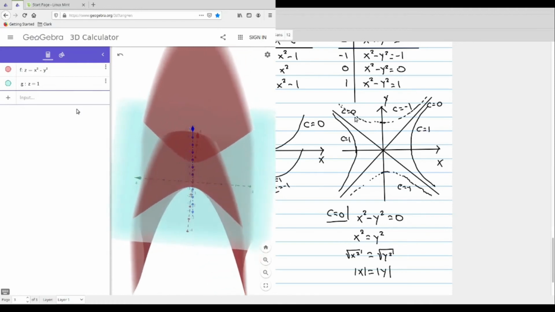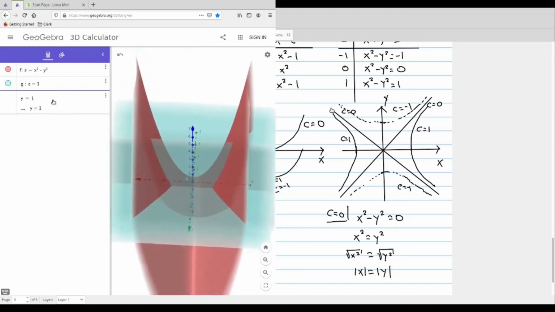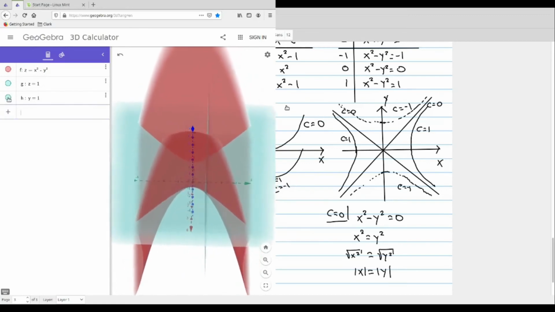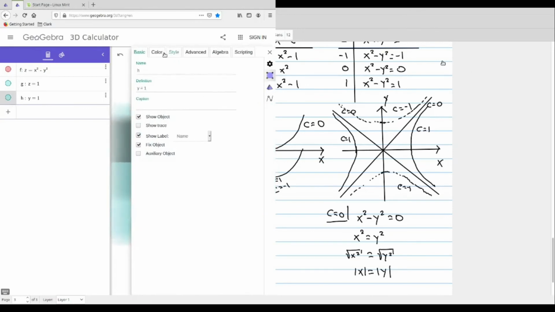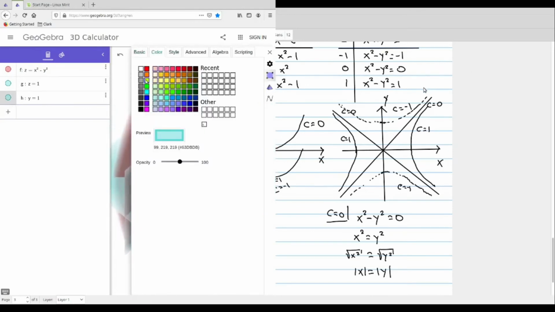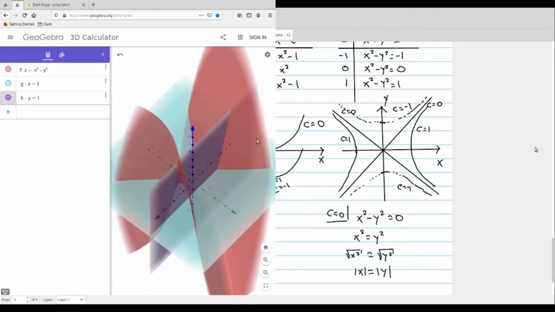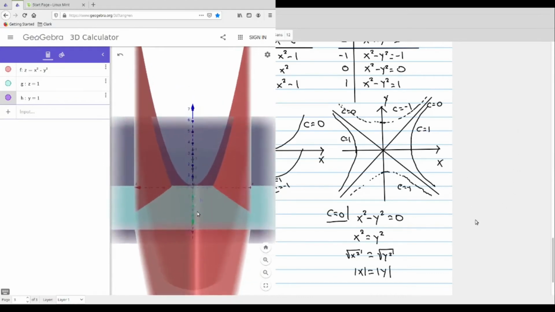And for any fixed value of, say, y, like y equals 1, we'll color that a different color. We'll make it purple. So when y equals 1, you have a parabola that's opening up and shifted down by 1.